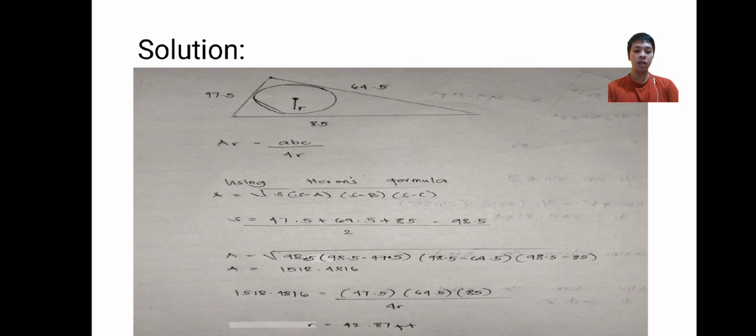So the final answer is 1518.4816. So 1518.4816 is equal to ABC over 4R. So 1518.4816 is equal to 47.5 times 64.5 times 85 over 4R. So the final answer is, the radius R is equal to 42.87 feet.